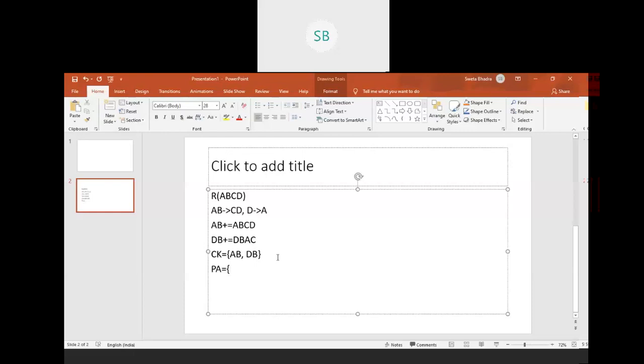What will be the prime attributes? Sahil? Avinash, why did you say it's A and D? Yes, please tell me.